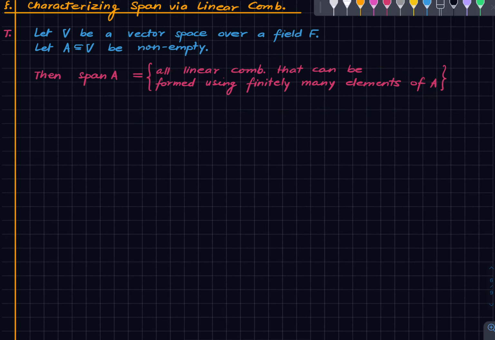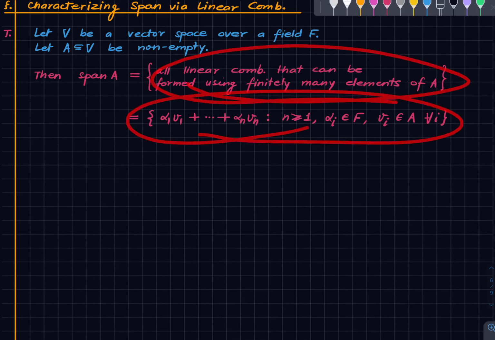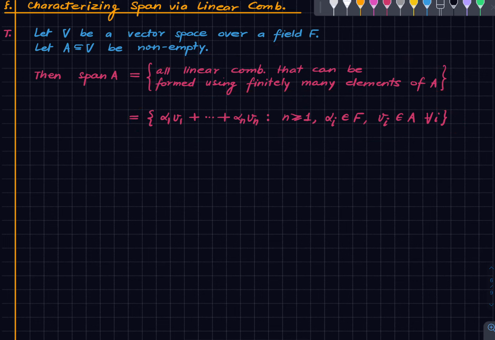So, in a more traditional manner, another way to express the same set is as follows: alpha 1 V1 plus dot dot dot alpha n Vn, where n is any positive integer and each alpha i is in the base field and each Vi is in A, for all i. So this and that are the same things. Okay, so let's prove this.